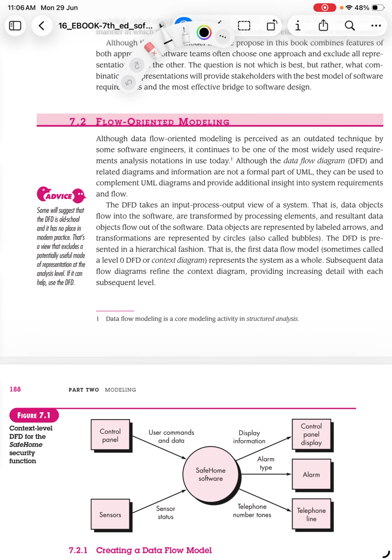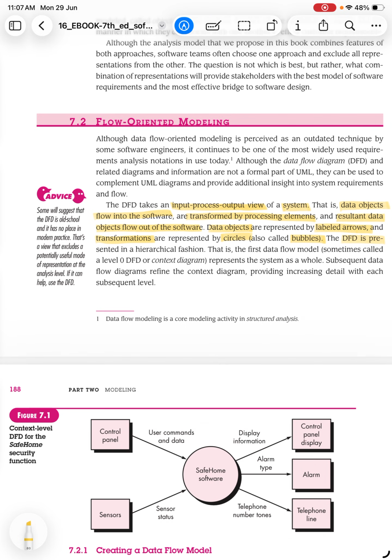The DFD takes an input-process-output view of a system. That is, data objects flow into the software, are transformed by processing elements, and resultant data objects flow out of the software. Data objects are represented by labeled arrows and transformations are represented by circles, also known as bubbles.